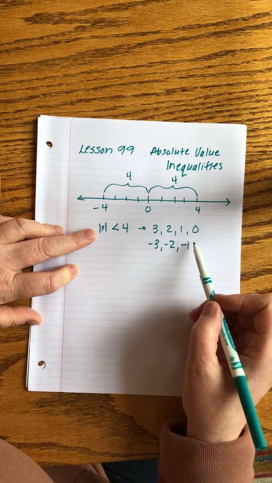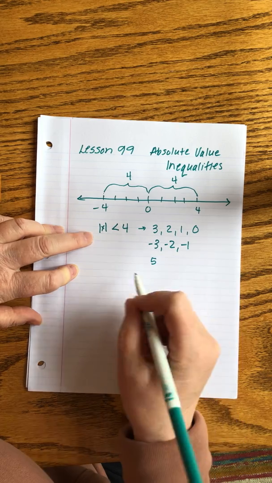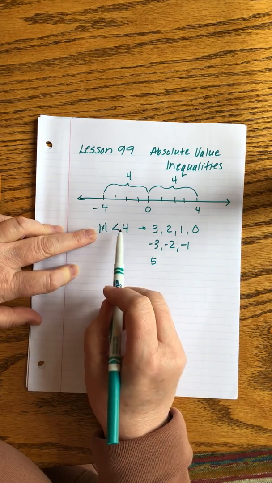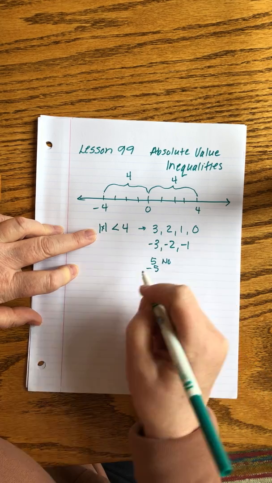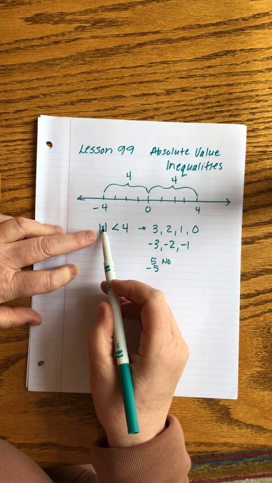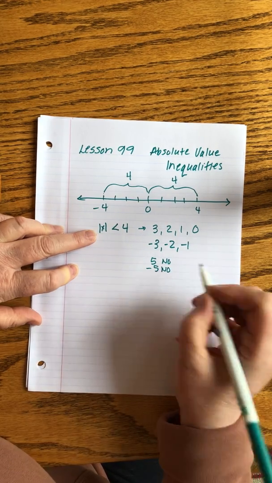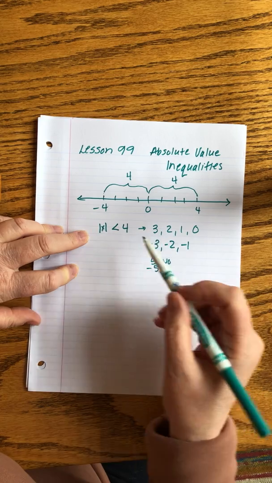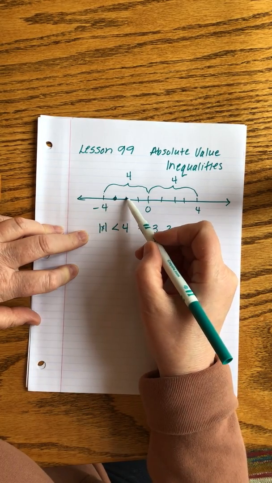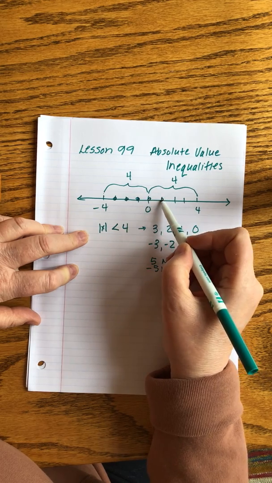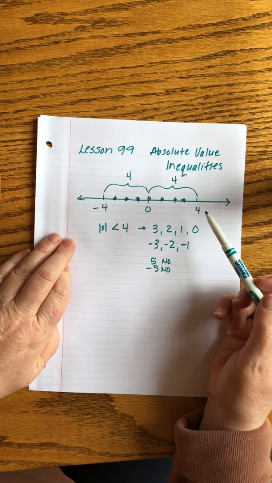We don't have to repeat 0. A number like 5, the absolute value of 5, is that less than 4? No, that doesn't work. And therefore, negative 5 would also not work, because this would come out to be positive 5. Is positive 5 less than 4? No. So we could graph the solution, since it doesn't have the equal sign, we don't have to worry about the fork. We would graph the solution, assuming it's integers in the domain, as between.